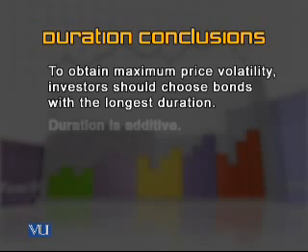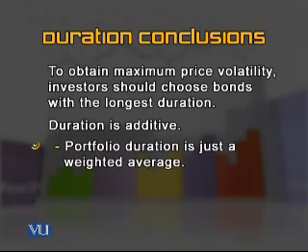Another conclusion that we can make is that duration is additive. It means that the portfolio duration is just a weighted average. We're not talking about portfolios, we're talking about duration of a bond, which is additive. You keep adding time, you keep adding duration to the maturity of a bond.